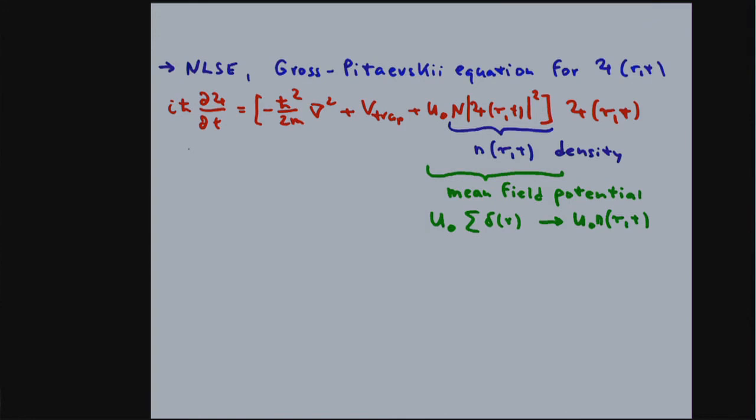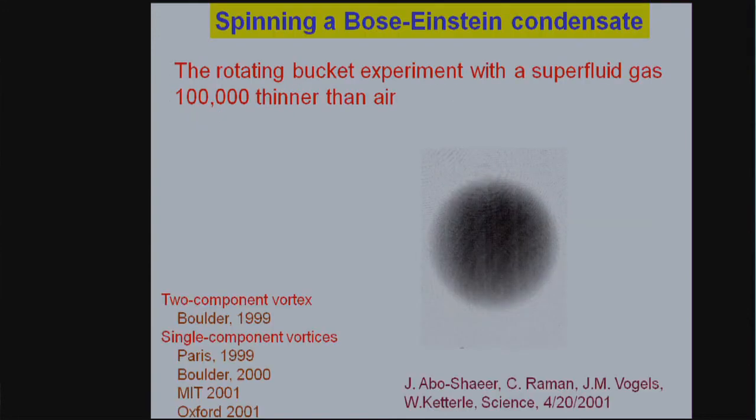Anyway, so we have this nonlinear Schrödinger equation. Let me just show you what vortices are and how they are formed. Vortices come if you solve the Gross-Pitaevskii equation, or if you have any quantum fluid or quantum gas, and you add angular momentum. The angular momentum cannot lead to rigid body rotation.